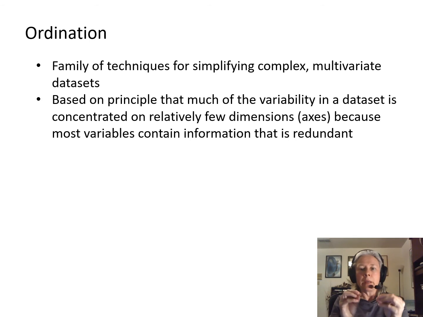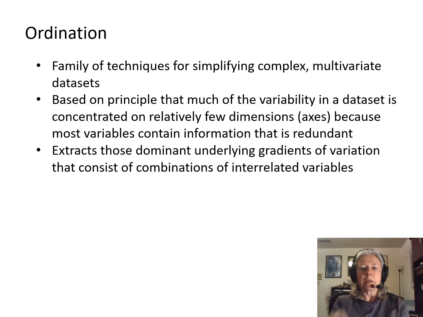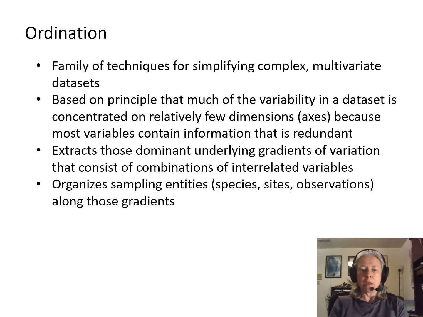And so the ordination extracts dominant underlying gradients of variation that consist of combinations of interrelated variables. And what it's doing is it's organizing your sampling entities, whether they're species or sites or observations or all of the above, along those gradients.